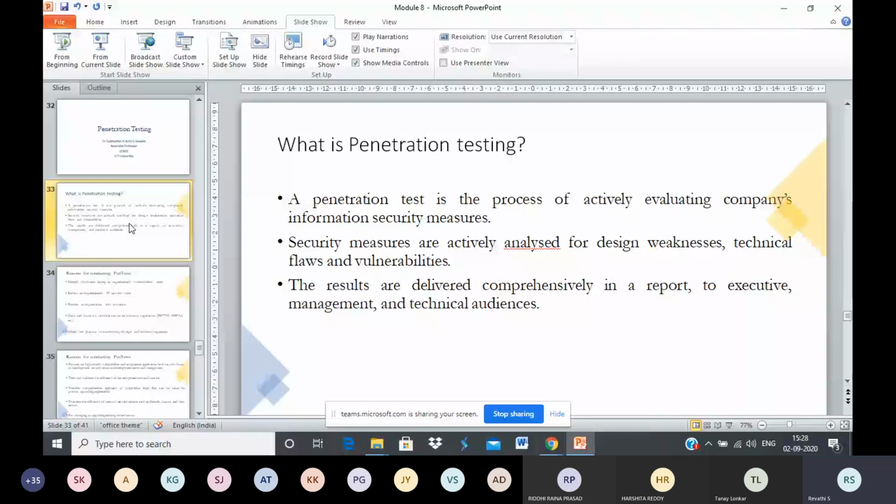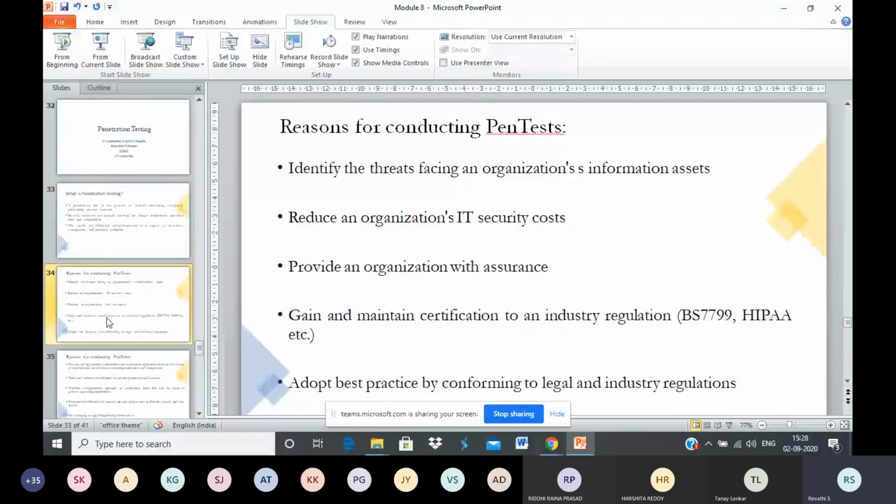The reasons for conducting pen testing: you have to find out what are the threats facing the organization's information assets. If you find that, you can increase the return on investment.